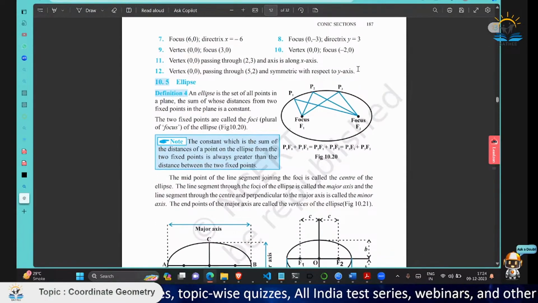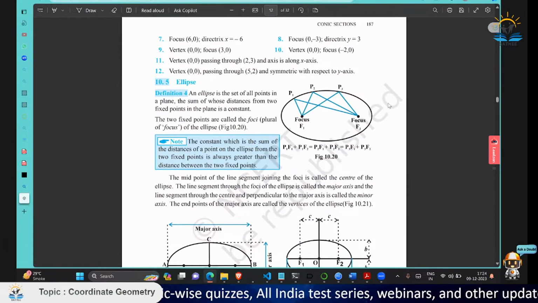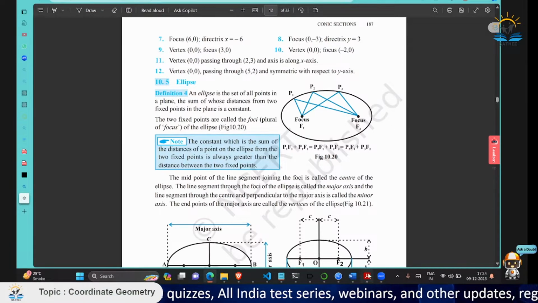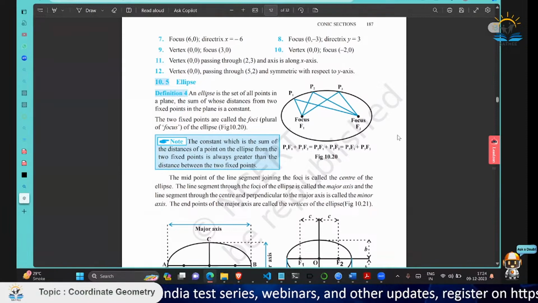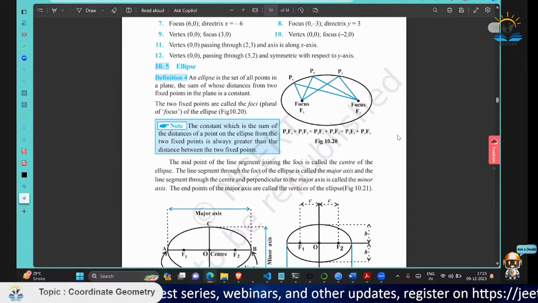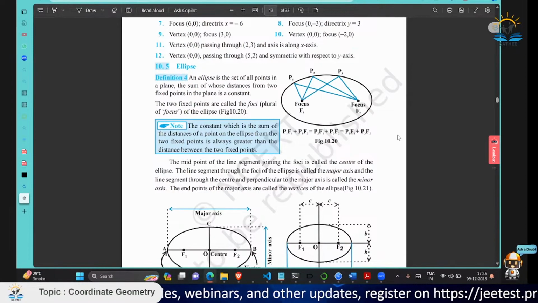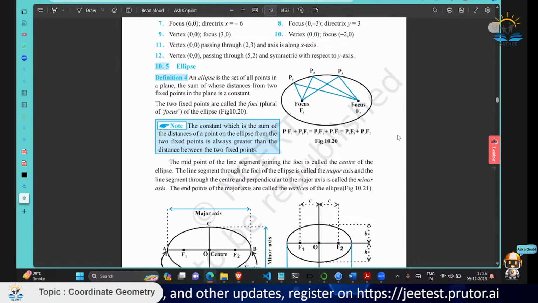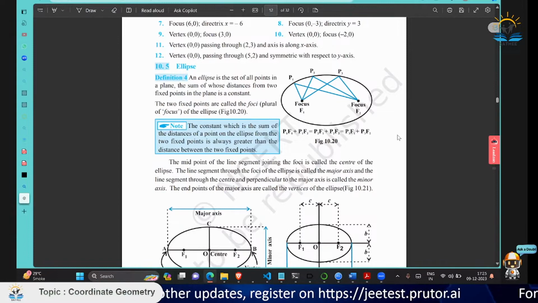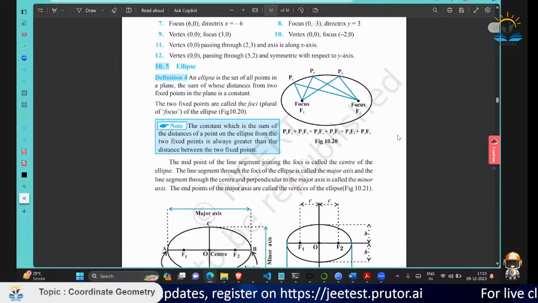This was the parabola. Now let's move on with the ellipse. An ellipse is the set of all points in a plane, the sum of whose distances from two fixed points in the plane is a constant.